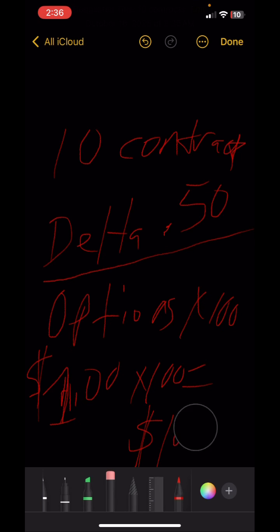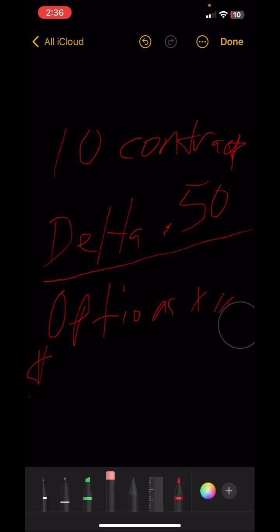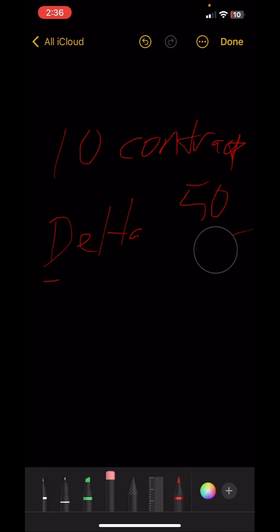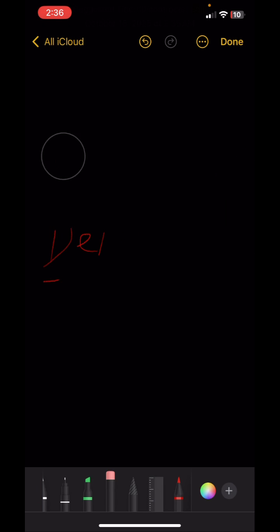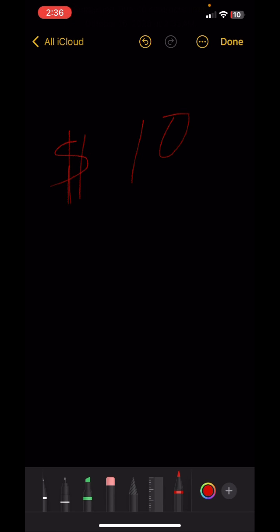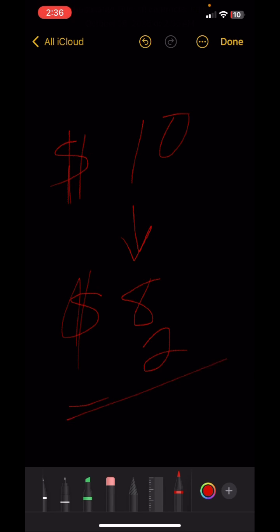So, an example we gave, if you got the option and the stock price was at $10, but over the course of that week, it went down to $8. So that's a minus $2, right?